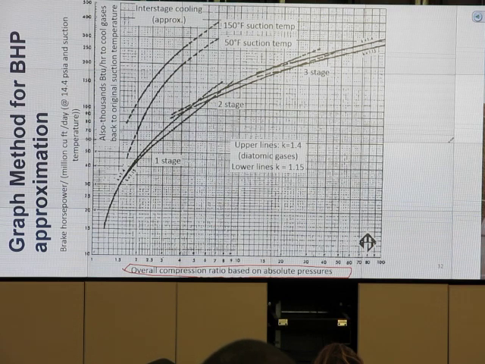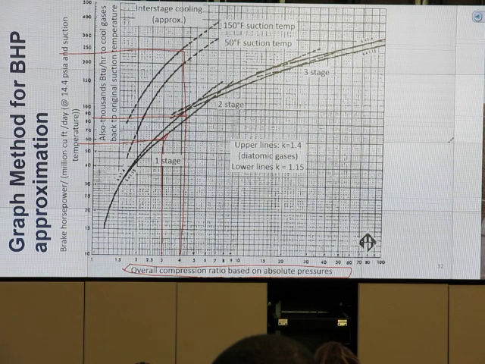If I have a compression ratio of 3, single stage, then the brake horsepower will be that much. This is brake horsepower per flow rate, so 3 to 4, that's the value that we are looking for.